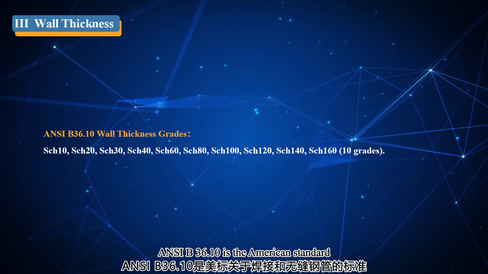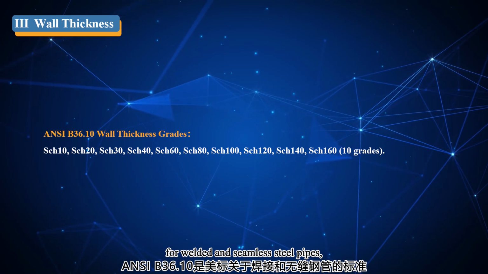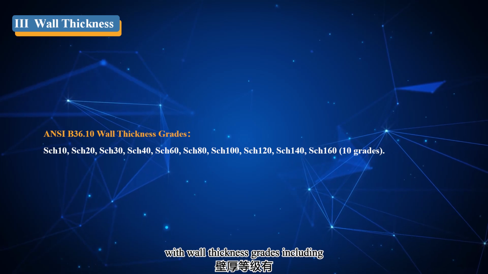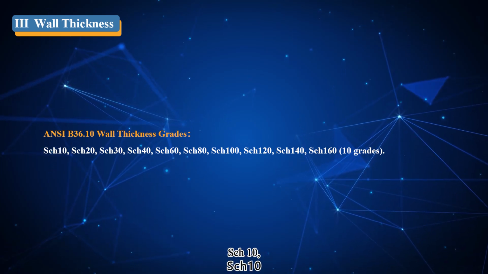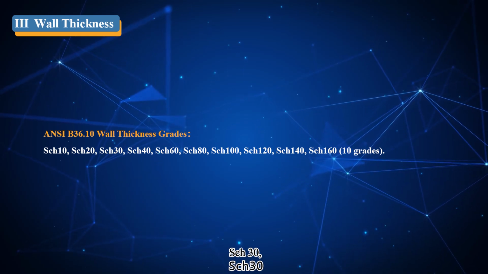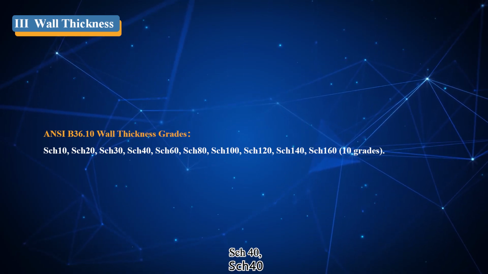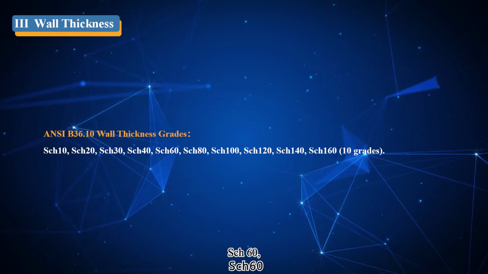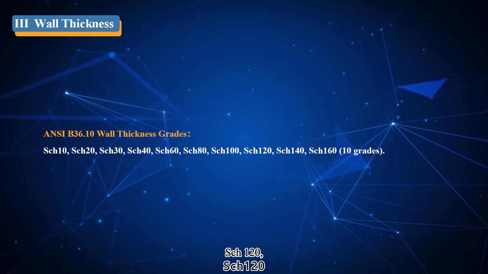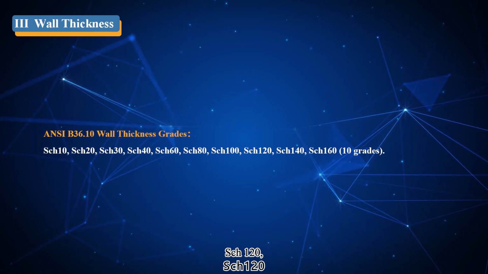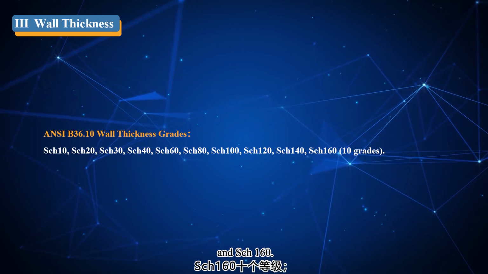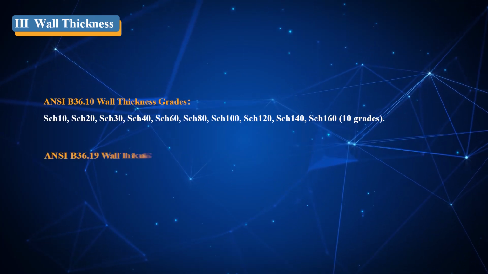ANSI B36.10 is the American standard for welded and seamless steel pipes, with wall thickness grades including Schedule 10, Schedule 20, Schedule 30, Schedule 40, Schedule 60, Schedule 80, Schedule 100, Schedule 120, Schedule 140, and Schedule 160.